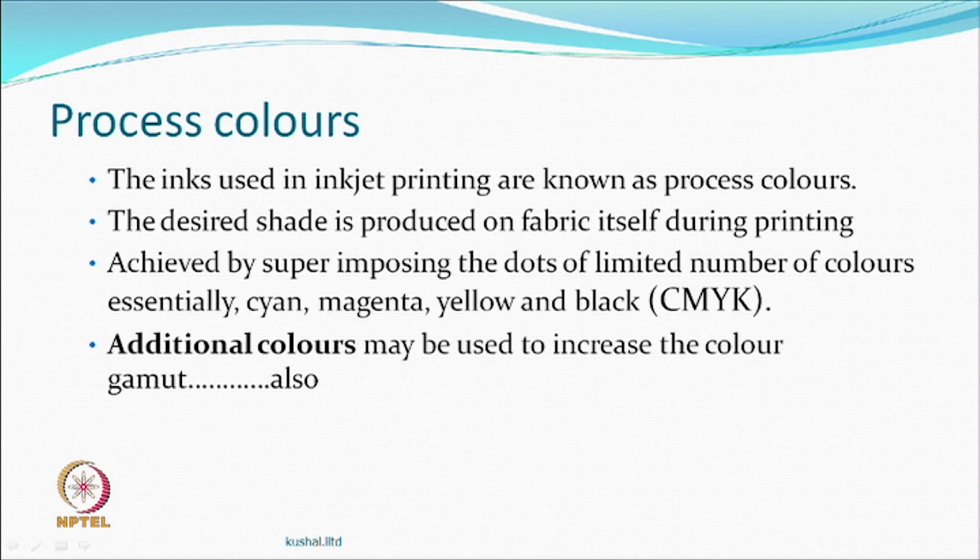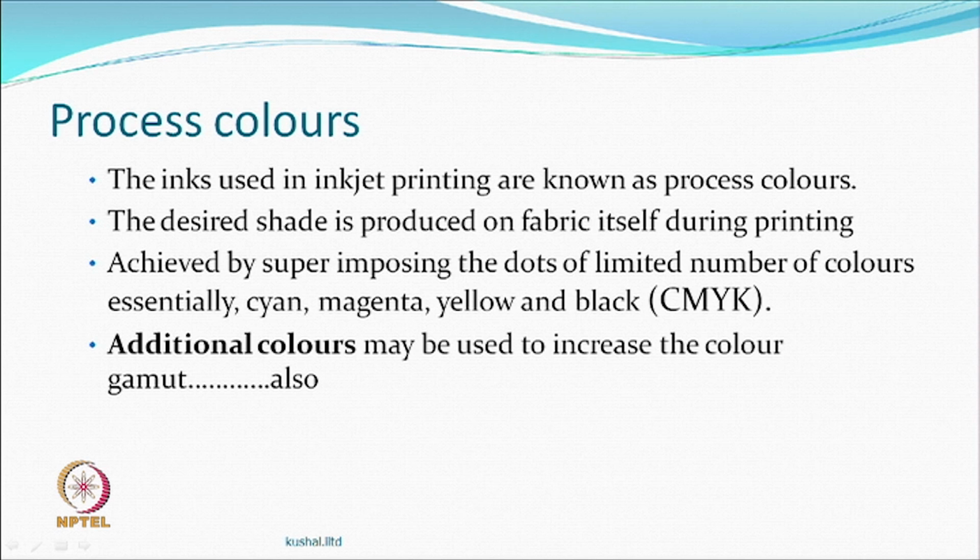The process colors are the ones you do not mix before. So, the process that is used in inkjet printing is called process colors. So, the desired shade is produced on the fabric itself during printing, by superimposing the dots in a limited number of colors, which is CMYK.